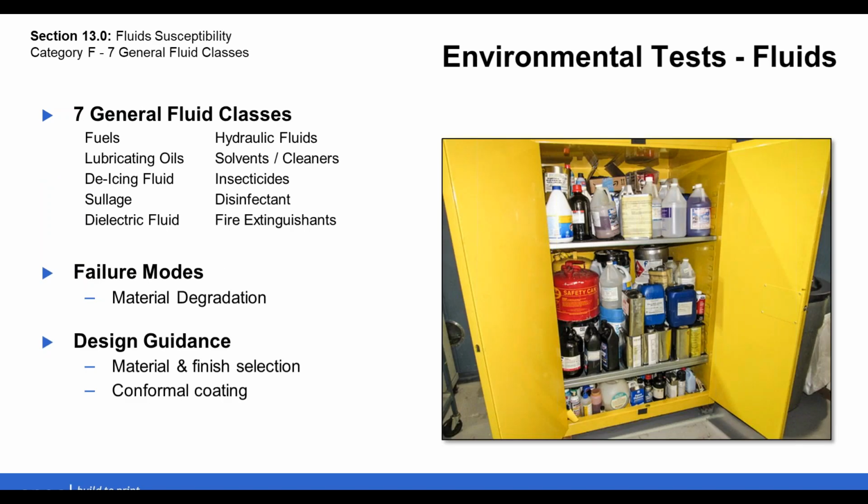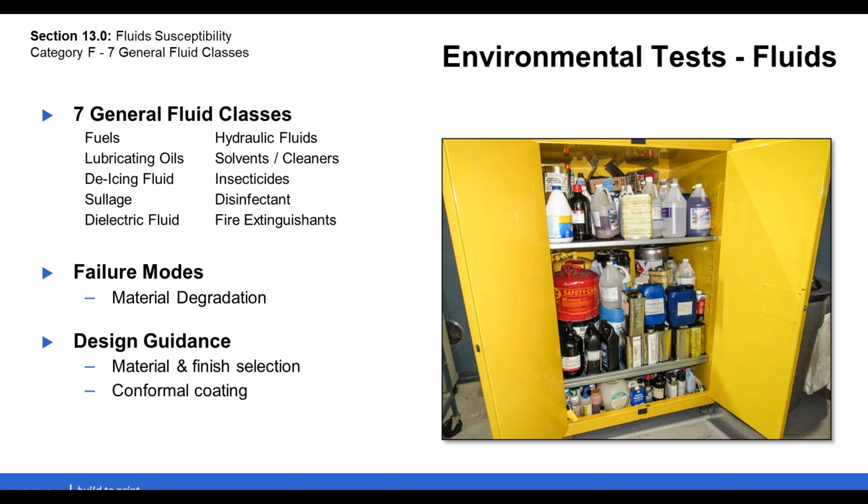The last test in our environmental group of tests here is the fluid susceptibility test. This one here covers 7 discrete fluid classes. Your unit will be subjected to some or all of these based on what it is and where it goes in the aircraft. There's 2 primary ways of doing this test.